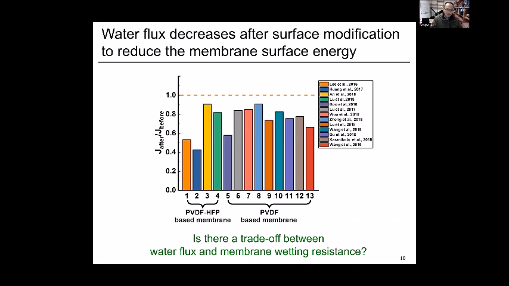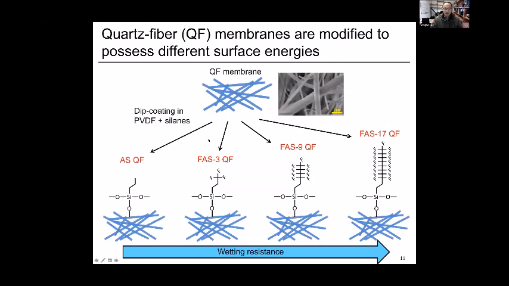So our question was whether there is any trade-off relation between the water flux and the membrane wetting resistance, and if so, what would be the potential cause? To answer that question, we prepared different membranes that have different wetting resistances.